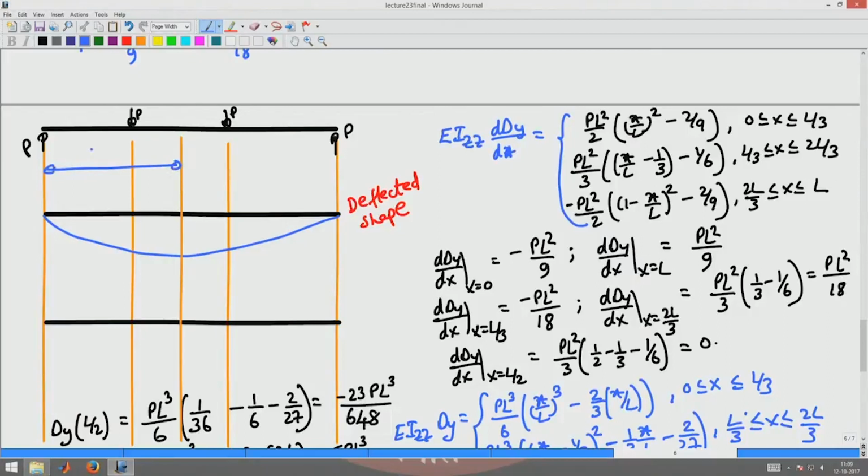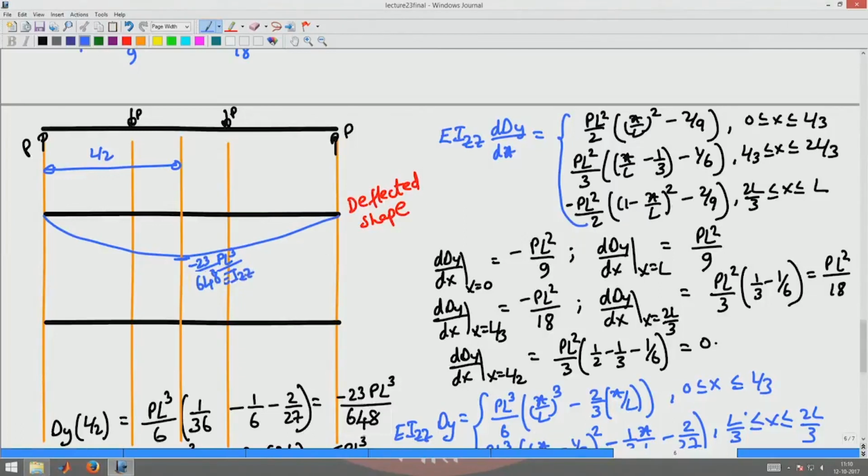If this distance is L by 2, the maximum deflection occurs here, which is minus 23 by 648 PL cube by E times I_zz.